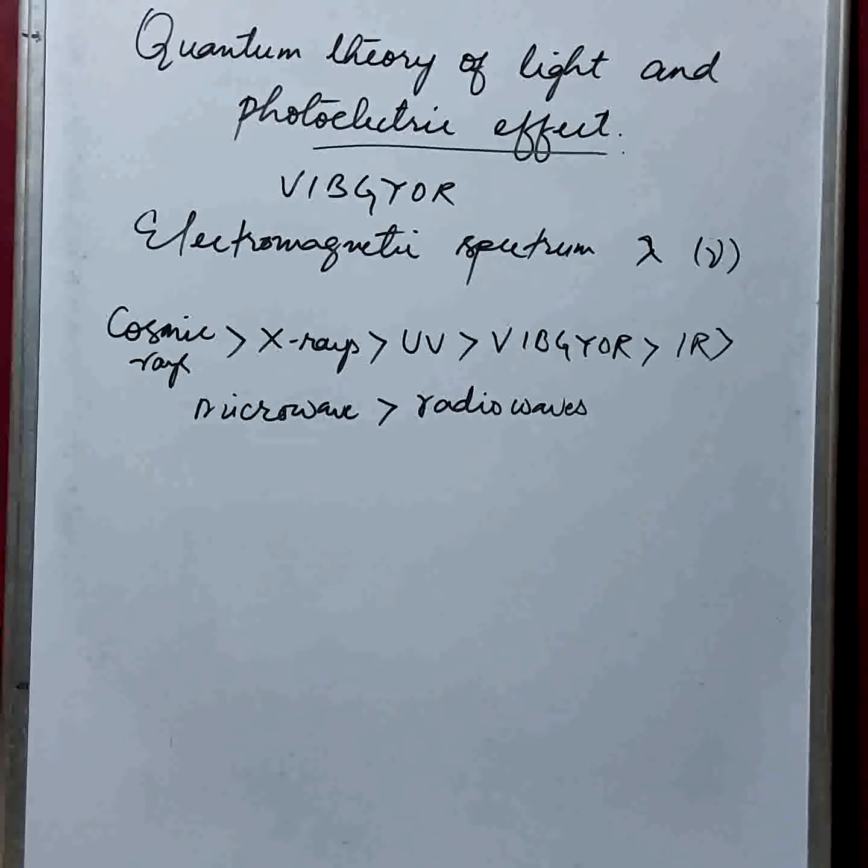Before we go to Planck's quantum theory, let's try to understand what black body radiation and the photoelectric effect are. Now, according to Maxwell, on heating a body, the intensity should increase. That is, energy radiated per unit area should increase without any effect on the wavelength or frequency. But whenever we heat an iron rod, it first turns red, then white, and then becomes blue at a very high temperature.